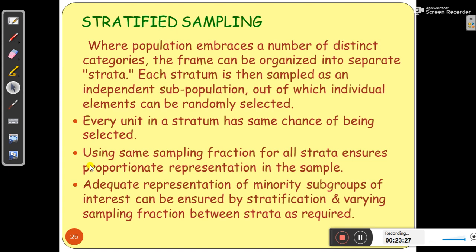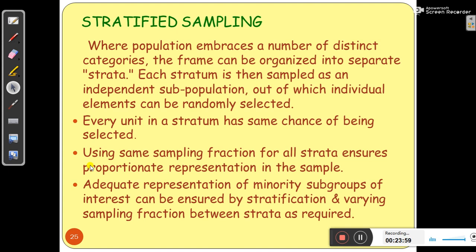representation in the sample. Here what you can understand is that using the same sampling fraction for all strata ensures proportionate representation, meaning the number of items present in every stratum has some proportionate value in the sample.